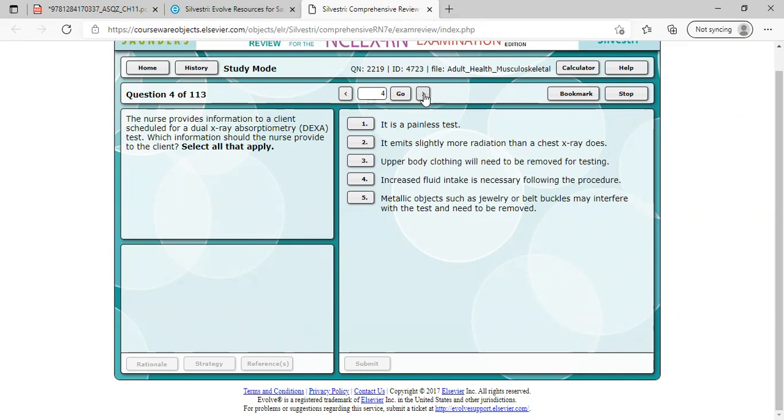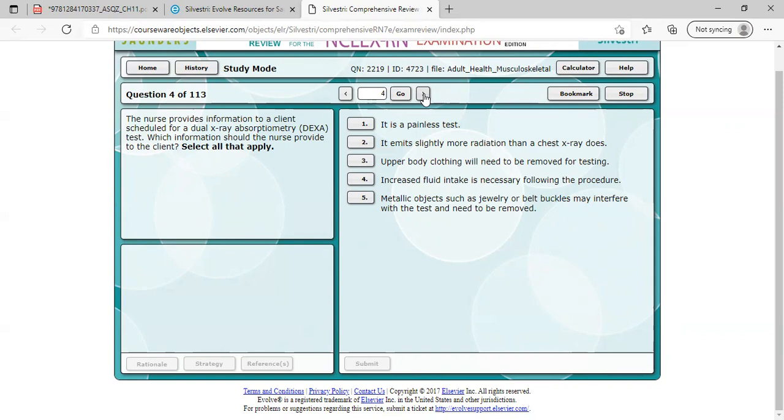This diagnostic tool we use to check the bone's mineral density. So the dual X-ray absorptiometry or DEXA test we do to check the bone mineral density.